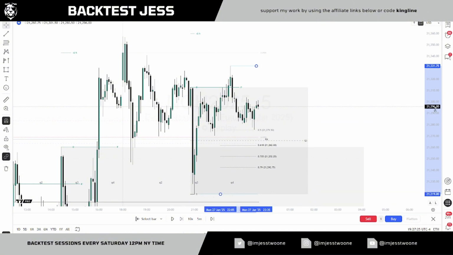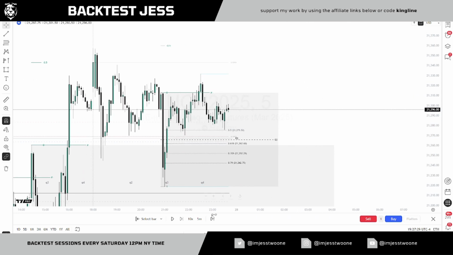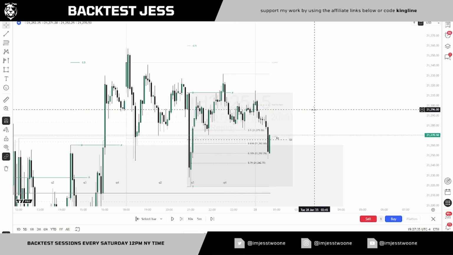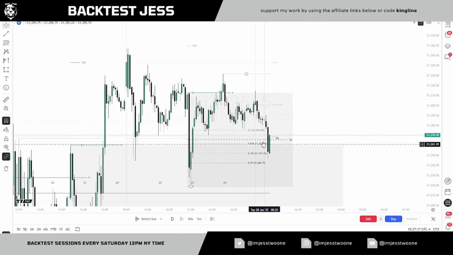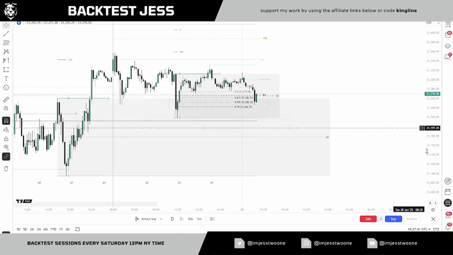One tick. Okay, let's see if it gives us a clear displacement up. Okay, there we go. So theoretically tagged into all 3 of these entries here. Let's just see if we get stopped out or not.